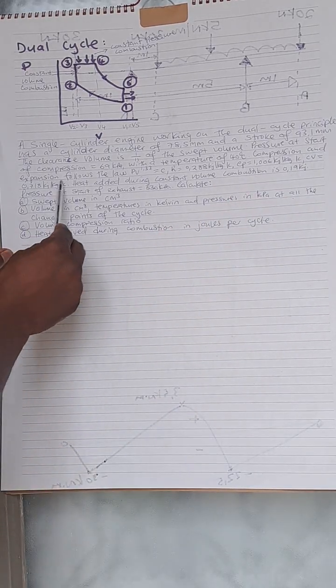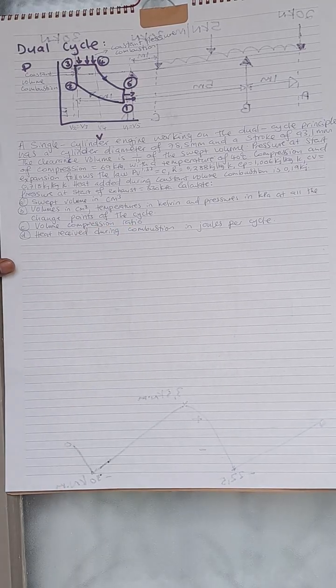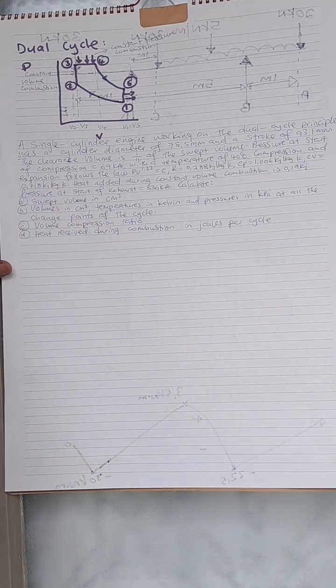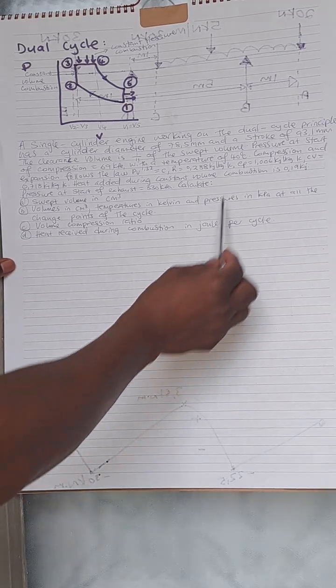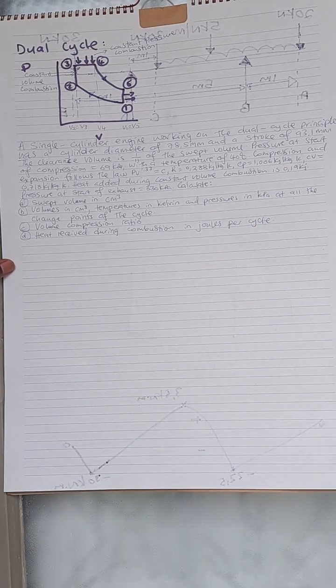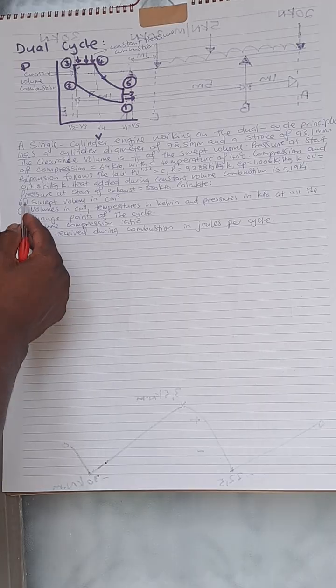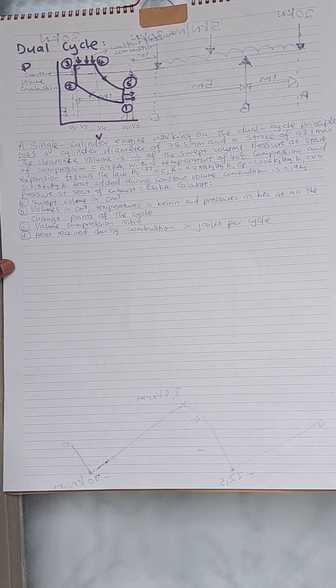Compression and expansion follows the law PV to the exponent of 1.33 equals C. Our gas constant is given as 0.288. CP is given as 1.006, our CV 0.718.